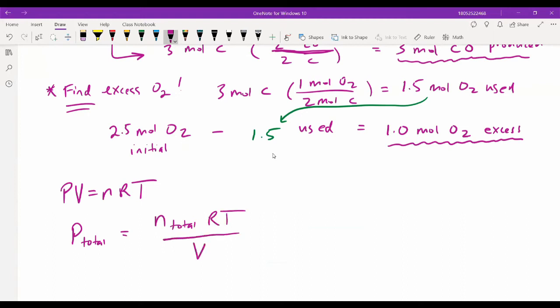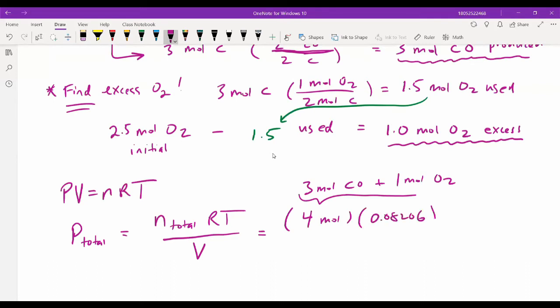So when we do this ideal gas law, instead of doing it individually, we're going to do the total, which would be 3 moles of CO plus 1 mole of oxygen. That adds up to 4 moles total. And then we have R, of course. Just leave out the units.